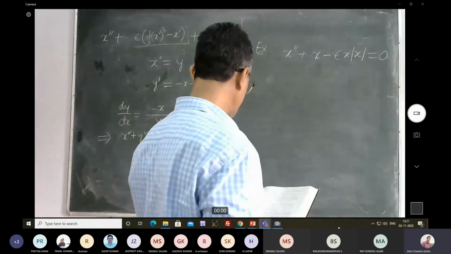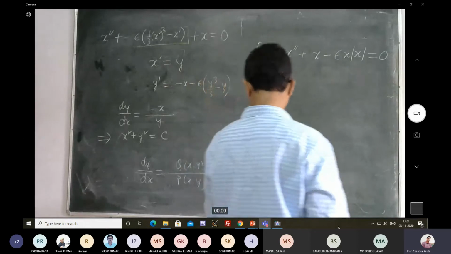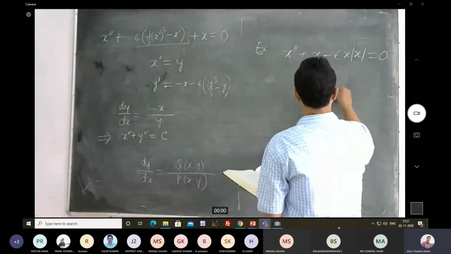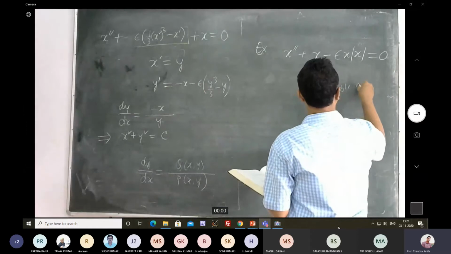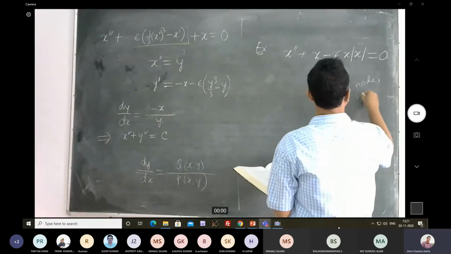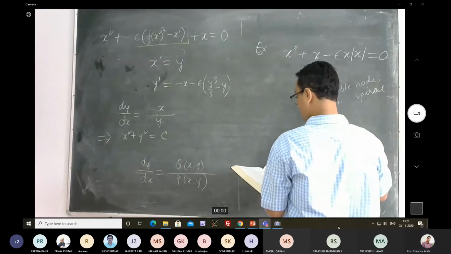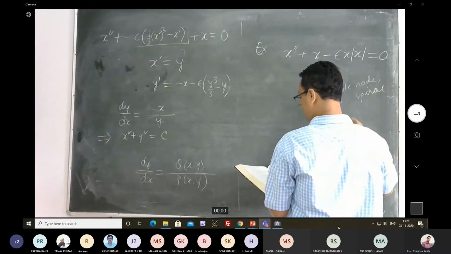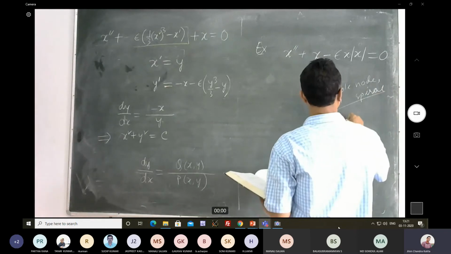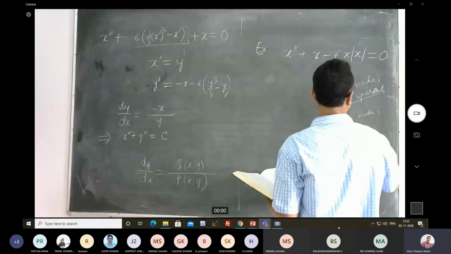Okay, so here you have to classify each critical point as a stable node, your stable spiral, and similarly unstable node, unstable spiral, or a saddle.